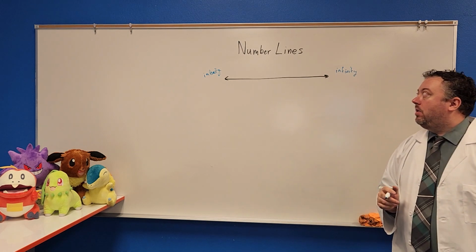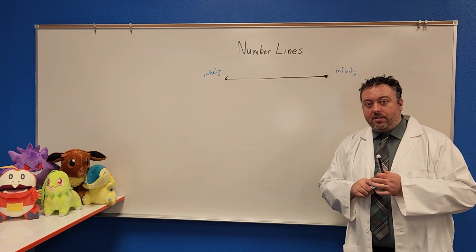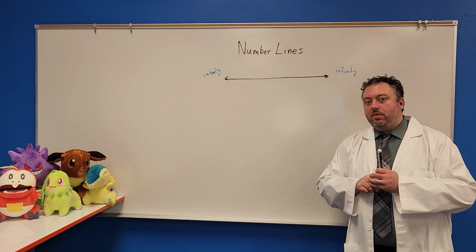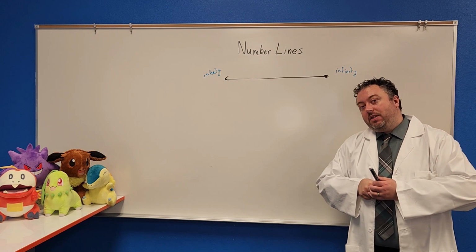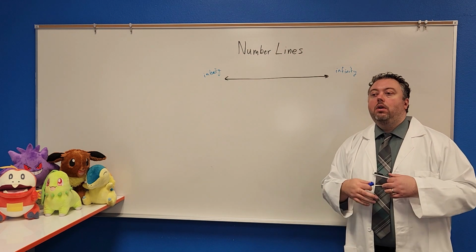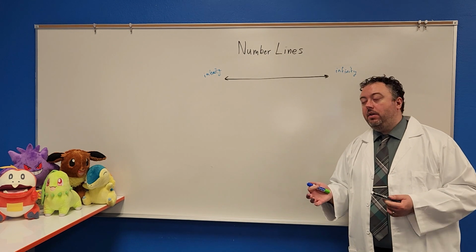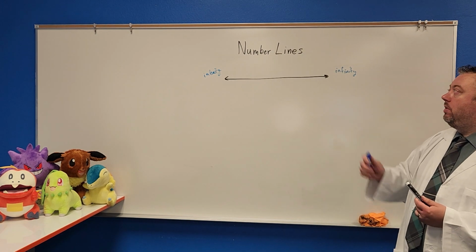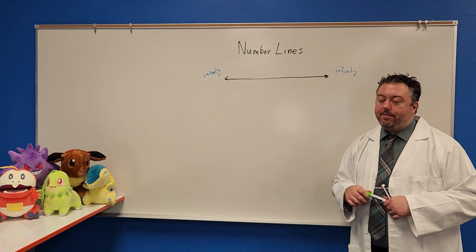If it does not go on to infinity in both directions, you don't really have a number line. You might have a number line segment or another piece of a number line, but a number line will go in both directions to infinity.